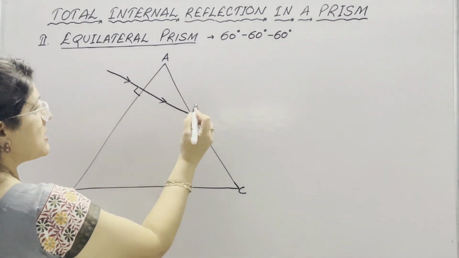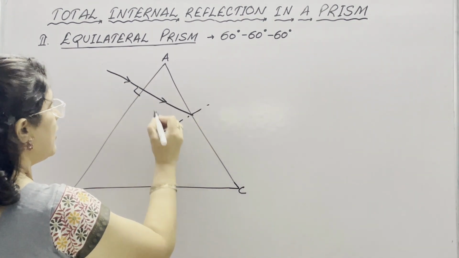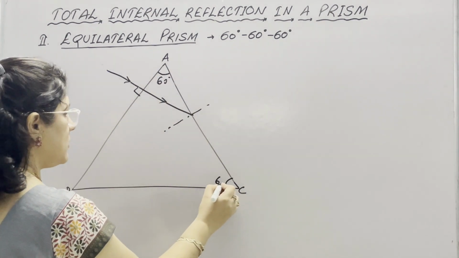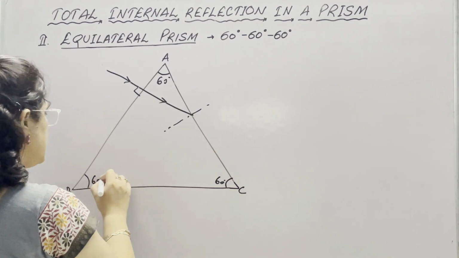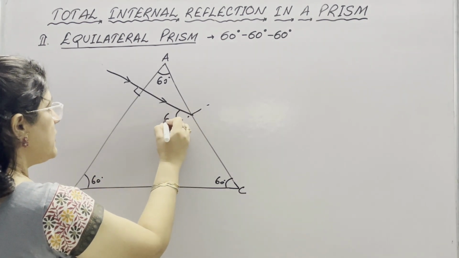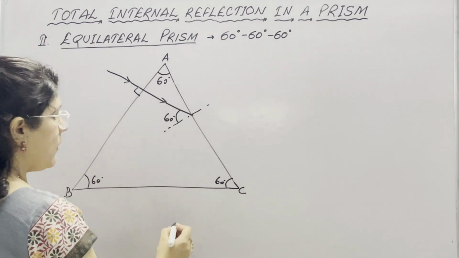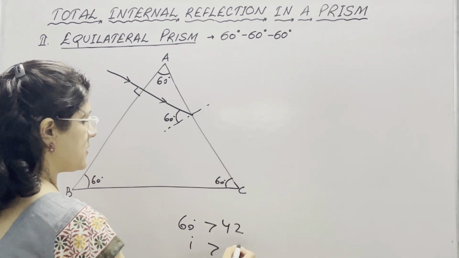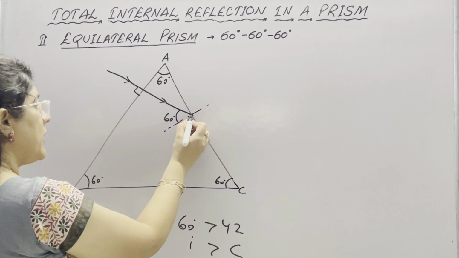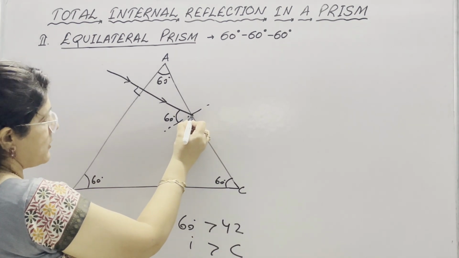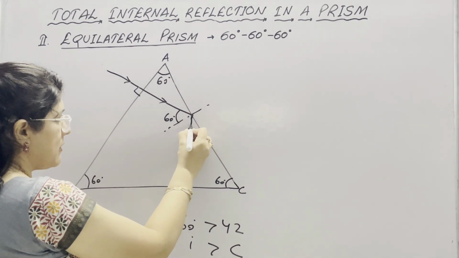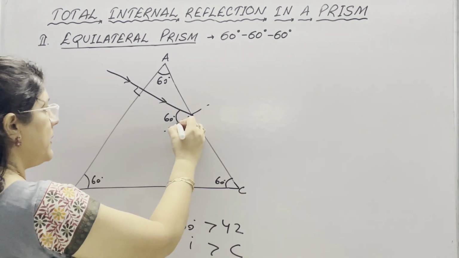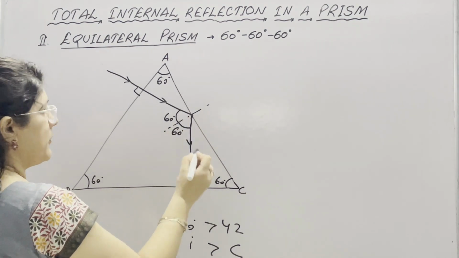But when it strikes this surface, because all the angles are of 60 degree, this incident ray makes an angle of 60 degree with the normal, and we all know that 60 degree is greater than 42 degree. It means the angle of incidence is greater than the critical angle. So the ray suffers total internal reflection and comes back in the prism making an angle of 60 degree.